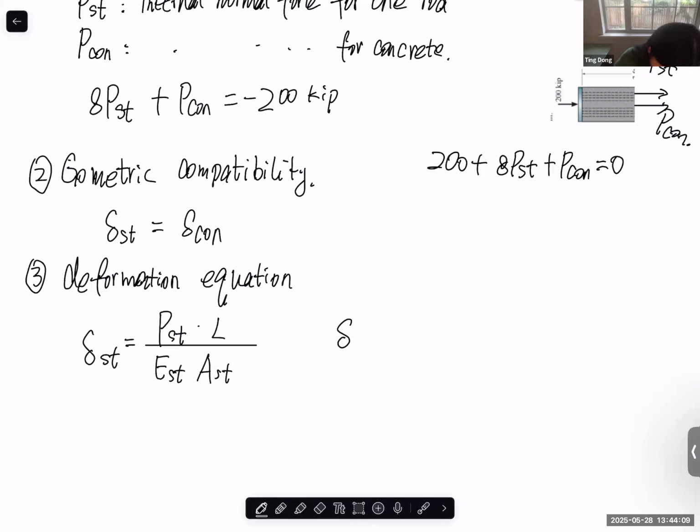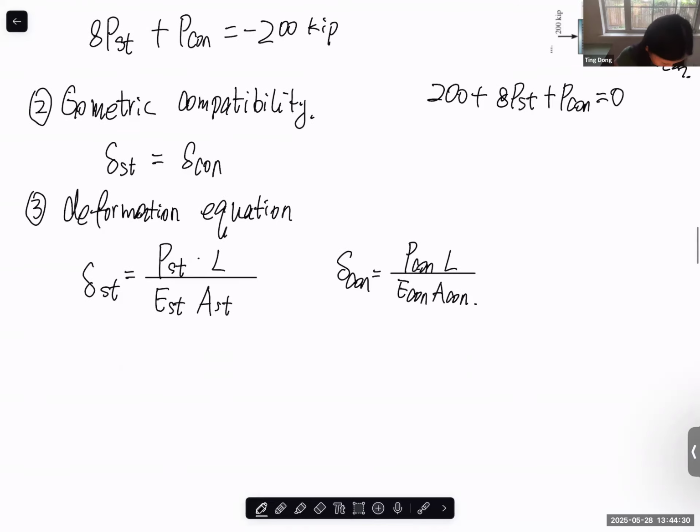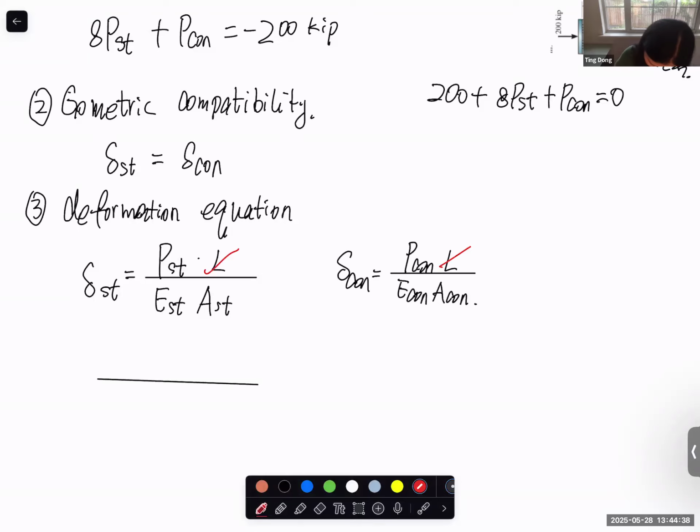And for the concrete, we have the internal force in the concrete, and L is the same. The original L for the steel rod and the concrete should be the same. Young's modulus are different, and the cross-section area of the concrete. So plugging in numbers, we can cancel the L on both sides.